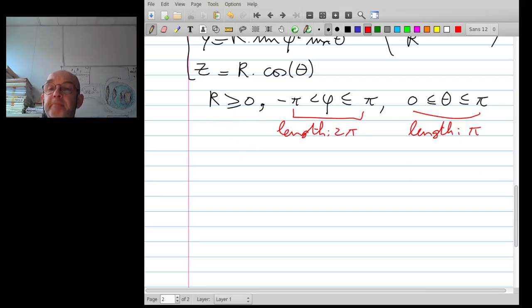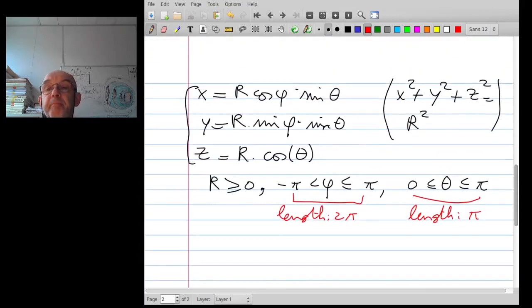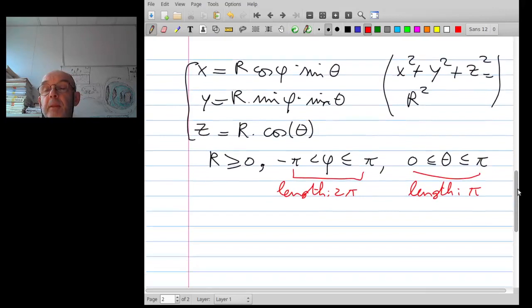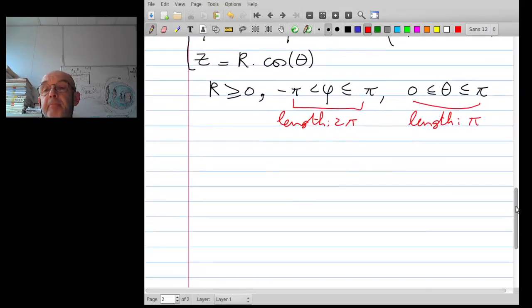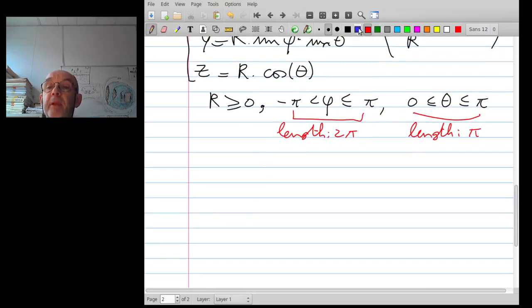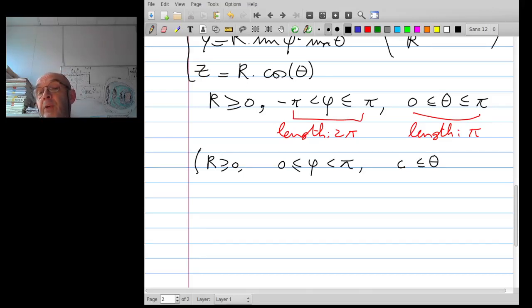Another way could be, but I say could be, that you only take your phi greater or equal to 0 and less than pi, but then if you want to have all points on the sphere, you have to let your theta go from 0 to 2 pi.